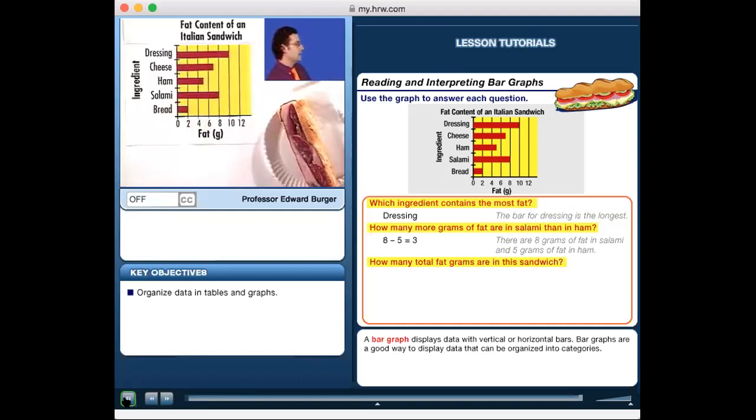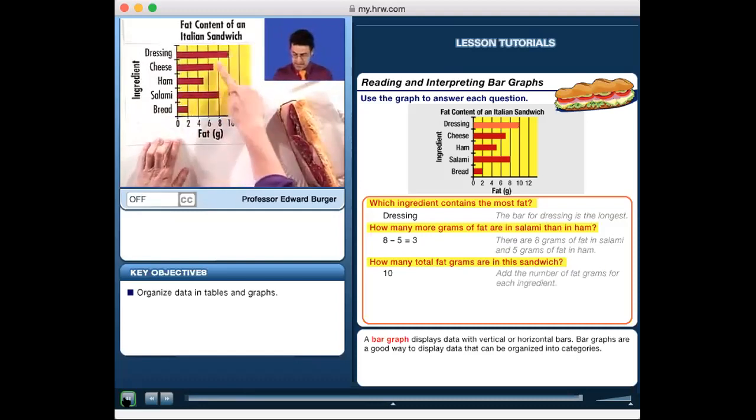How many total fat grams are in the sandwich? Well, that requires us to actually add up all these values. So this is 10, and then we add the 7. And so if we add the 10 and the 7, we're going to get 17.